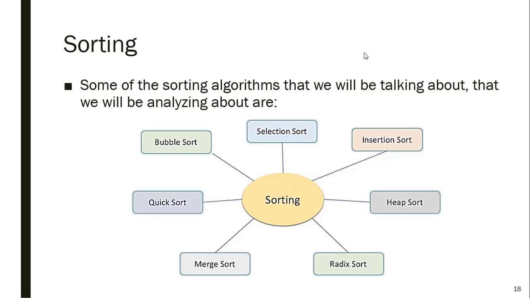So this is an open area of research, and we come up with new sorting algorithms. We will be discussing some of these sorting algorithms, and we will study what their algorithm is, how it works. We will simulate them, then we will analyze them, what their space and time complexity is, and this is all about it.